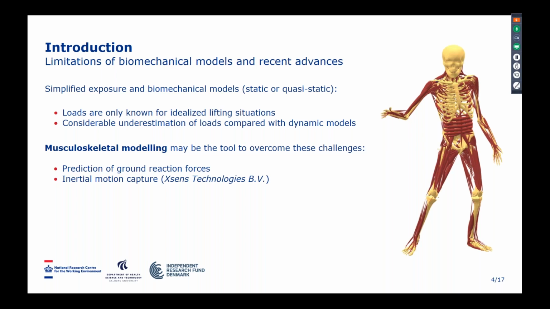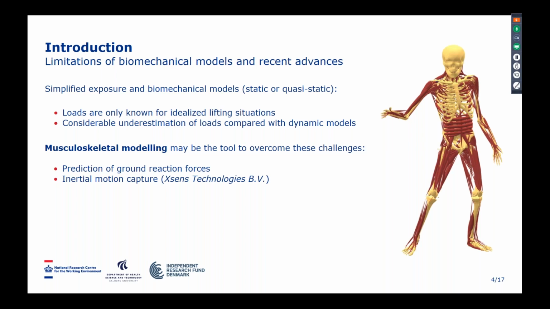But recently, there's been some methodological developments, one being that we are now able to predict ground reaction forces with very high accuracy, and also the development of this new inertial motion capture system from Xsens Technologies, which basically provides us with sufficiently detailed kinematic data to be able to drive these models.